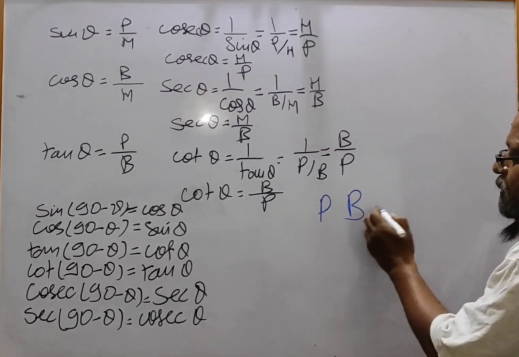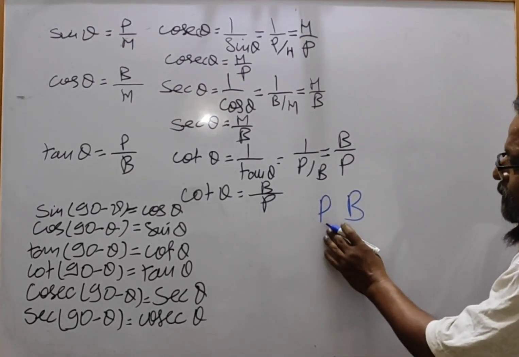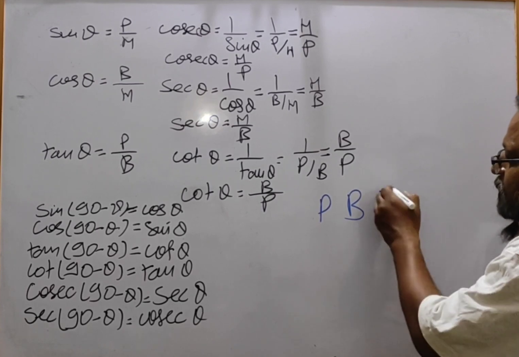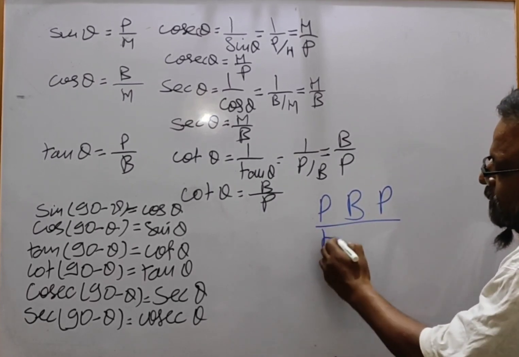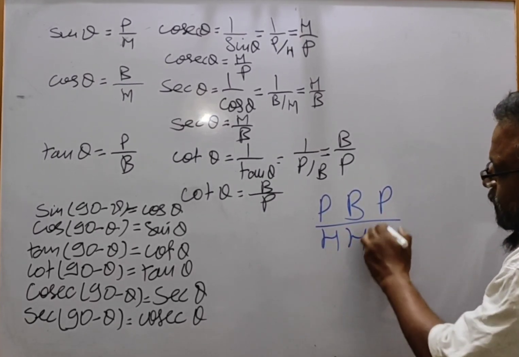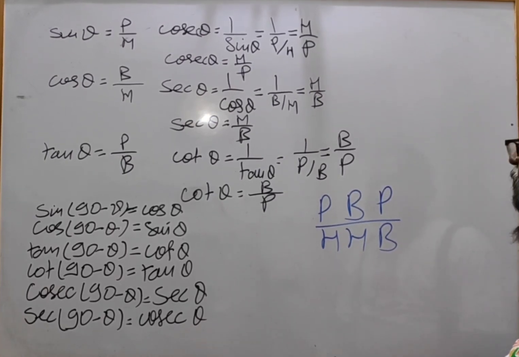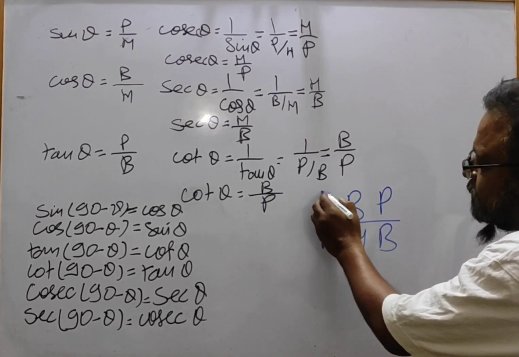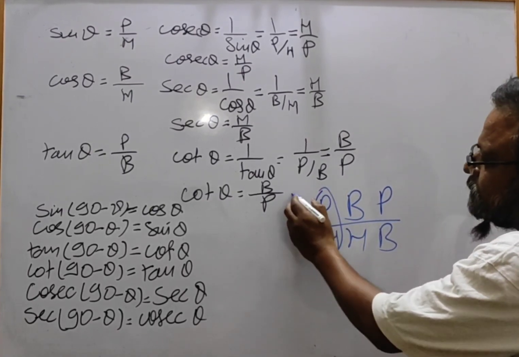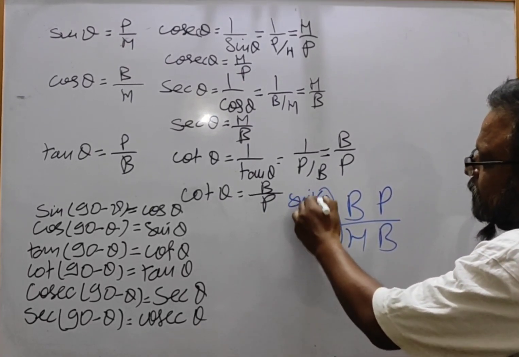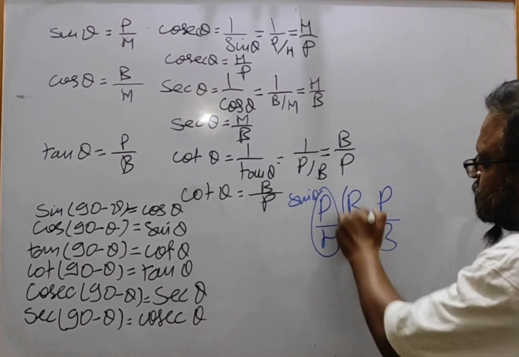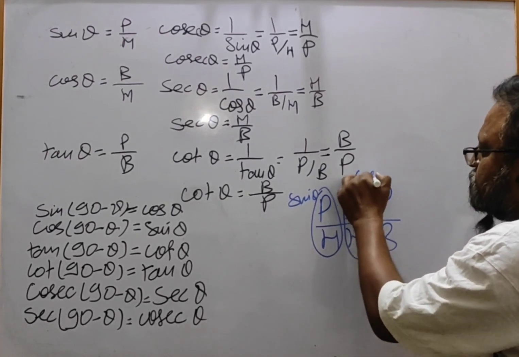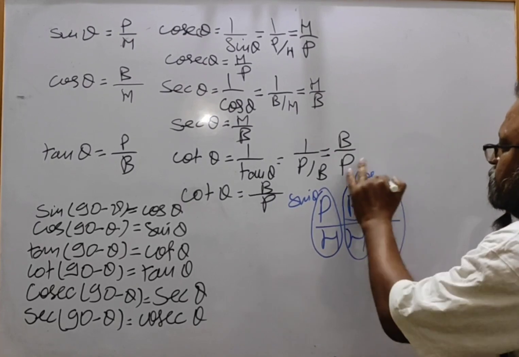Basically, this is sine, this is cos, this is tan.